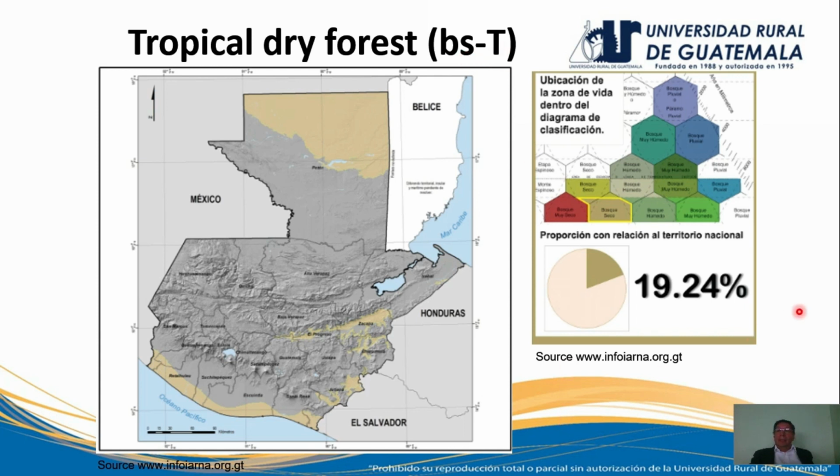We can see here also the Holdridge model that indicates the brown color, and it means that 19.24% is the total amount against the total area of our country.